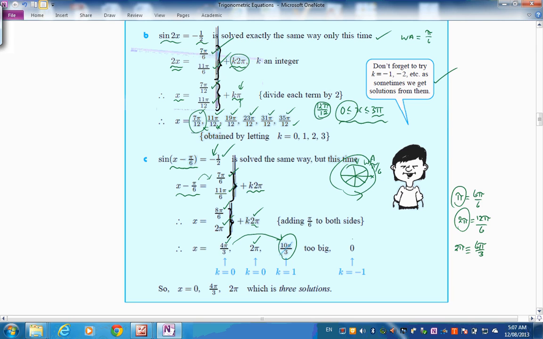We better check a negative one here. Because we've added this pi on 6, we better check going backwards a bit. So if k equals -1, we take off 2 pi, which is 6 pi on 3. So if we take off 6 pi on 3, what do we get from each of these?